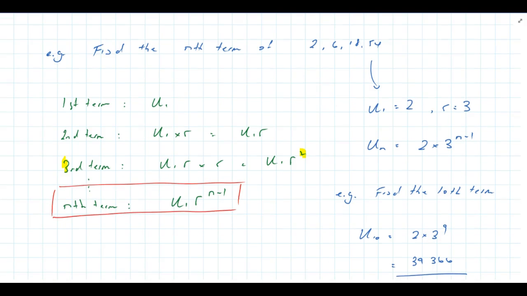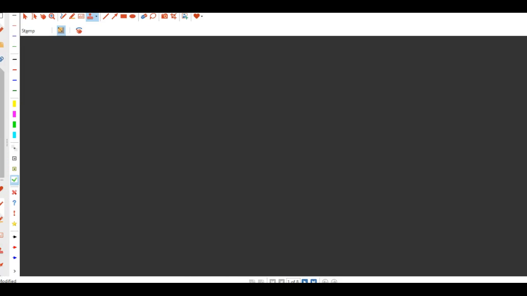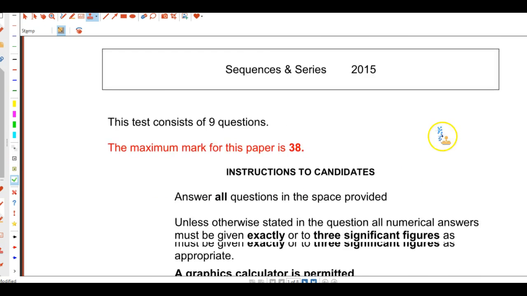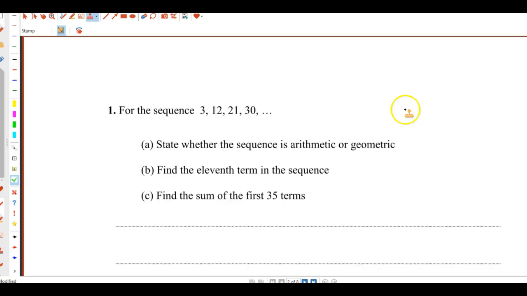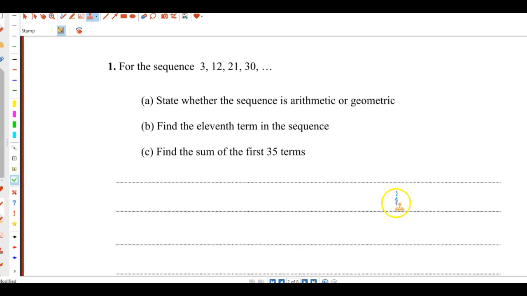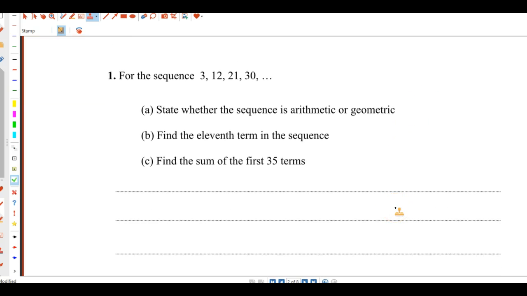How do they look in an exam? We'll have a look at a question from our topic test done earlier on in the year. For question 1 here, state whether the sequence is arithmetic or geometric.